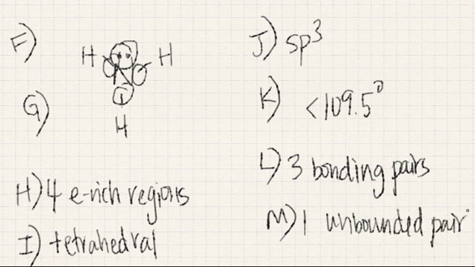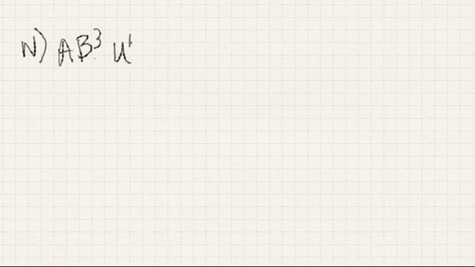Okay, so what is the molecular geometry? So if there are 3 bonded pairs and 1 unbonded pair, we're going to write it like this. A central atom with 3 bonded pairs and 1 unbonded pair.